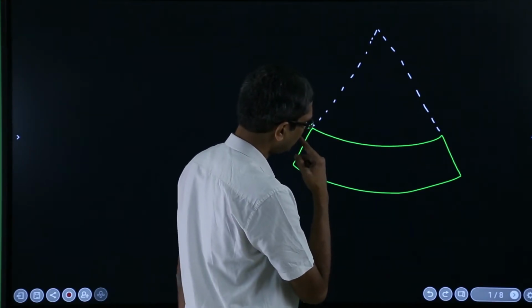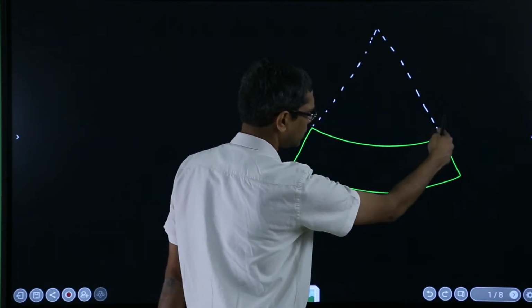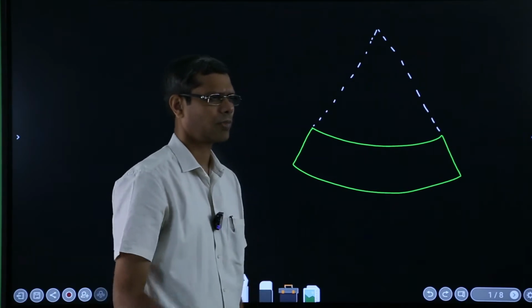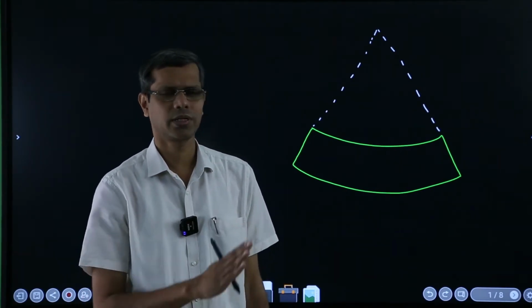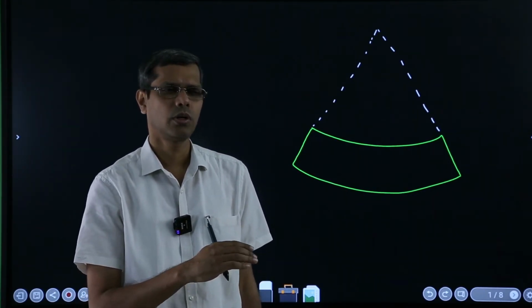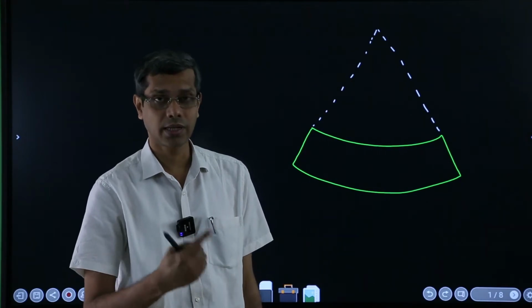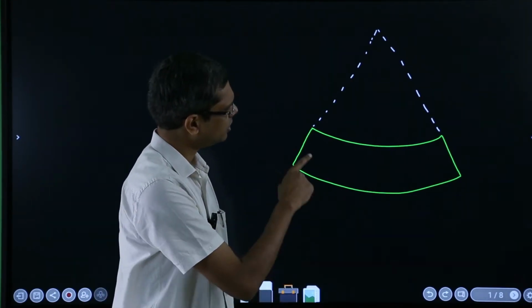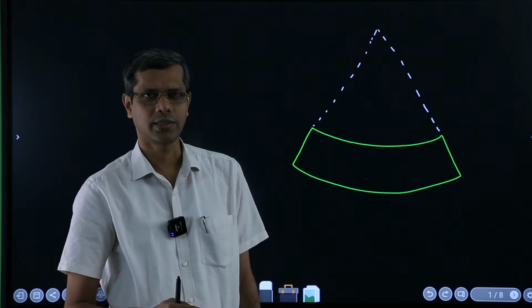And one more point: because this is a uniform cross section, with no material changes and no sudden area changes, the stresses also will be continuous.